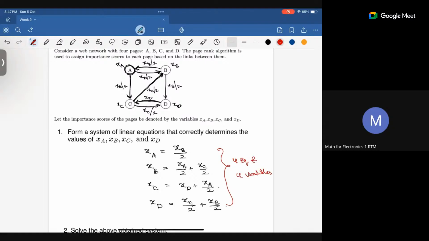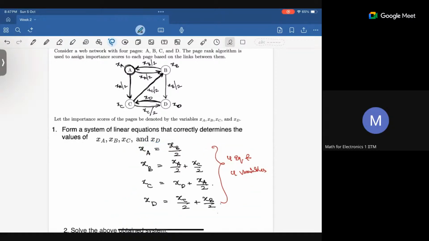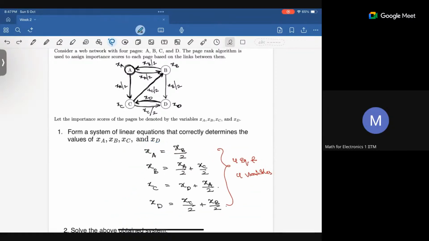Right, so you can further simplify this.